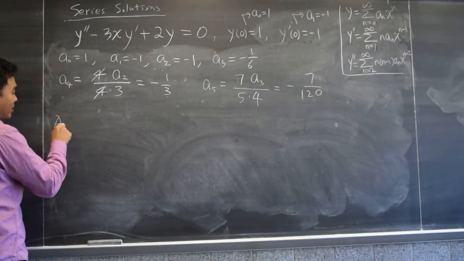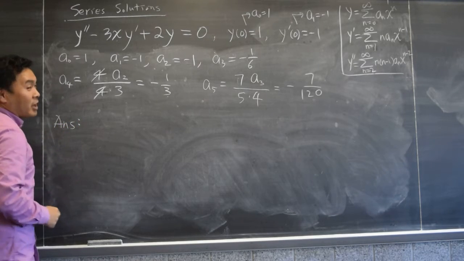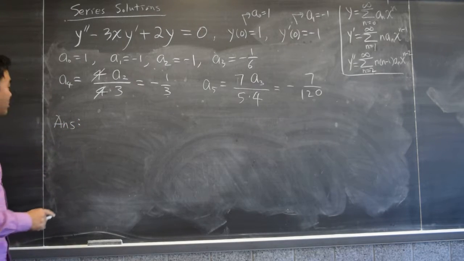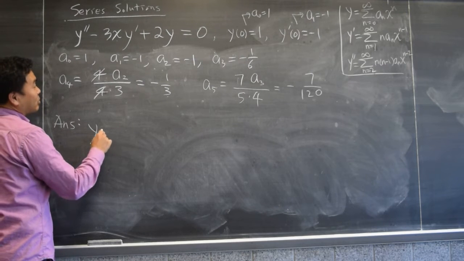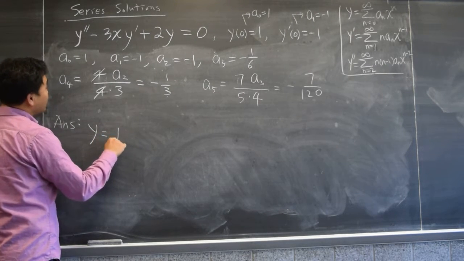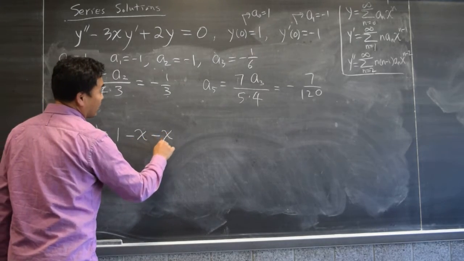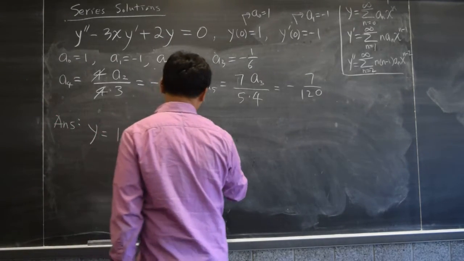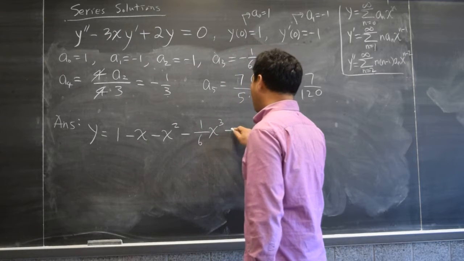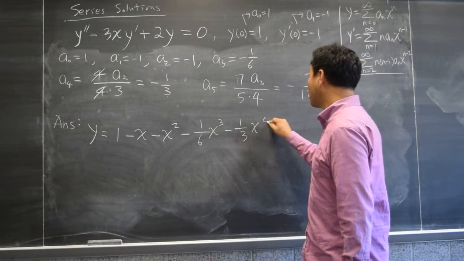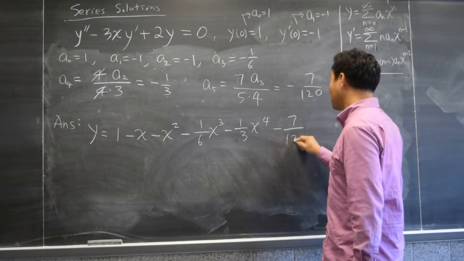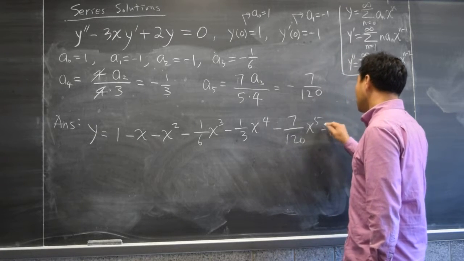And since this is never going to end, let's just write it with dot dot dot notation. So the answer to this equation is the following: y must be 1 minus x squared minus 1/6 x cubed minus 1/3 x to the 4th minus 7/120 x to the 5th, and then I give up.